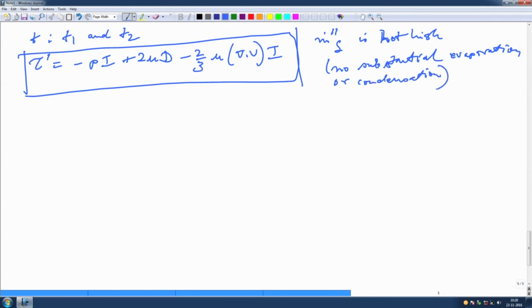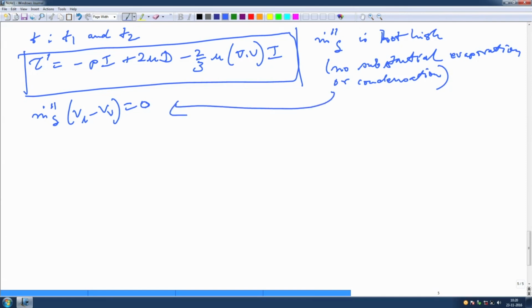Got it? No normal evaporation or condensation. In that case, your m triple dot VL minus VB, this particular term will be equal to 0, right.